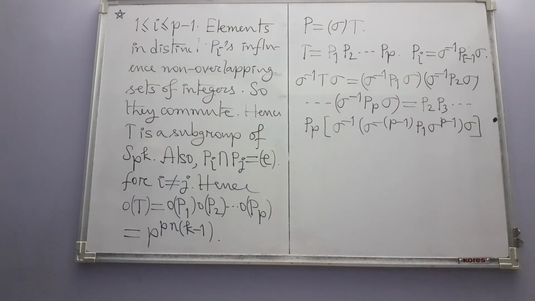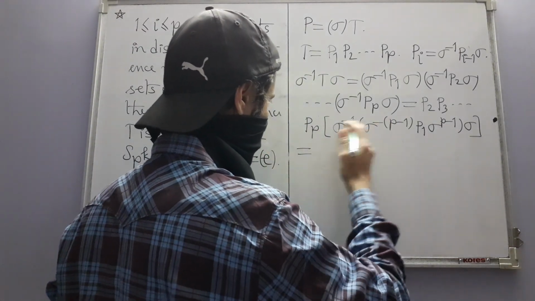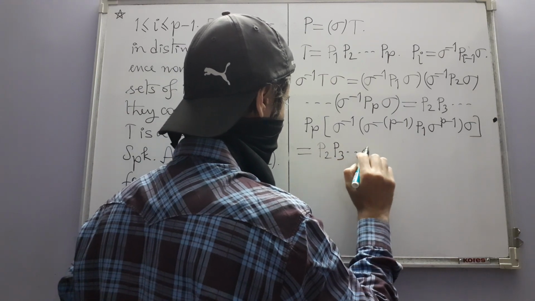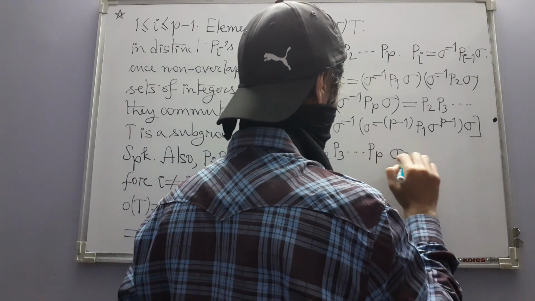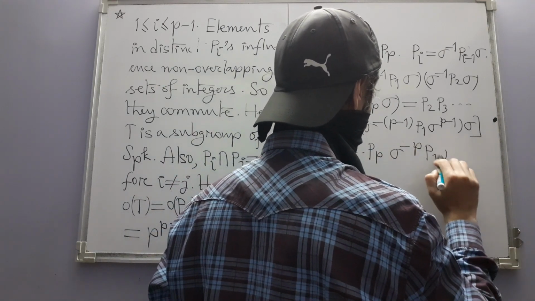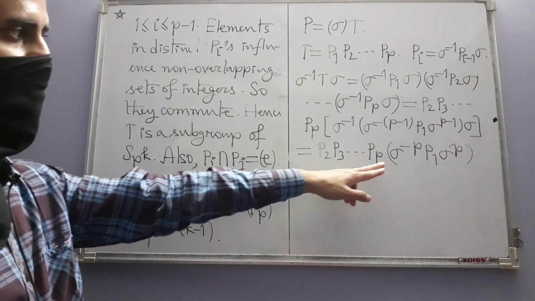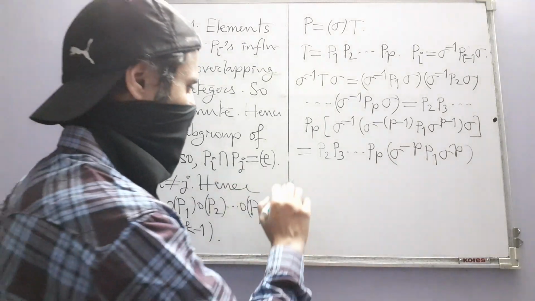Right? So together, if you take all the sigmas together, you are going to get what? Sigma to the power minus p, p1, sigma to the power p, and this is where that fact that sigma to the power p is e is going to be used.